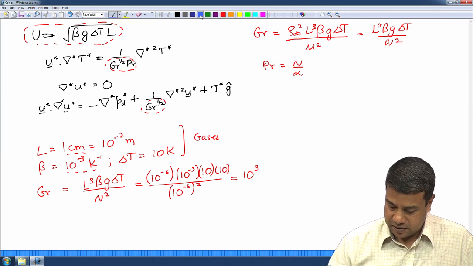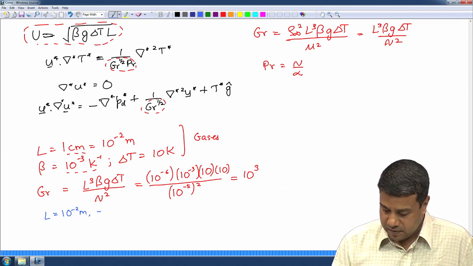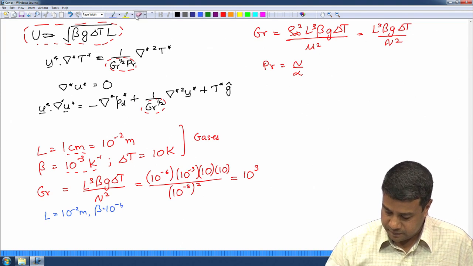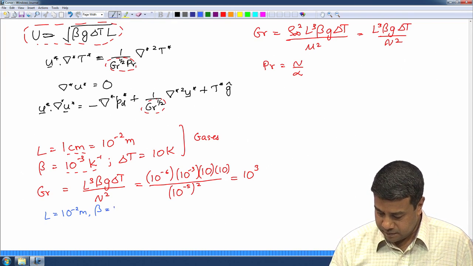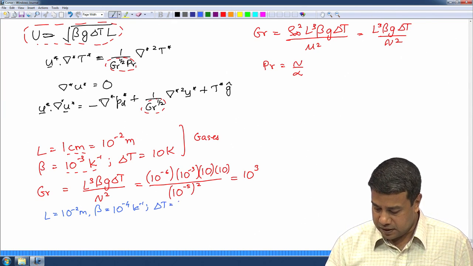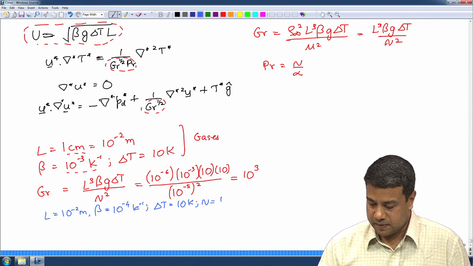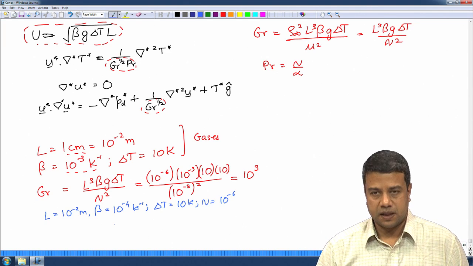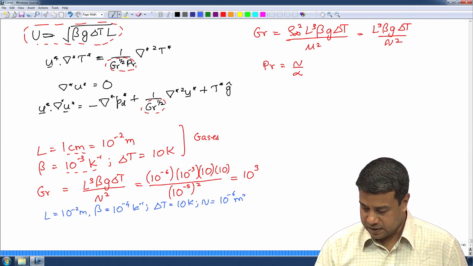In liquids, if I take the same length of 10 power minus 2 meters, beta in liquids is still smaller, 10 power minus 4 Kelvin inverse, and delta T is equal to 10 Kelvin. In liquids such as water, the dynamic viscosity is 10 power minus 3 and the density is 10 power 3, so the kinematic viscosity is 10 power minus 6 meters square per second.